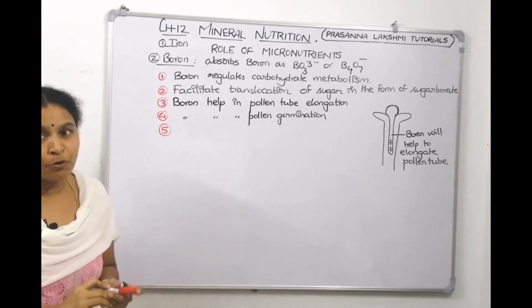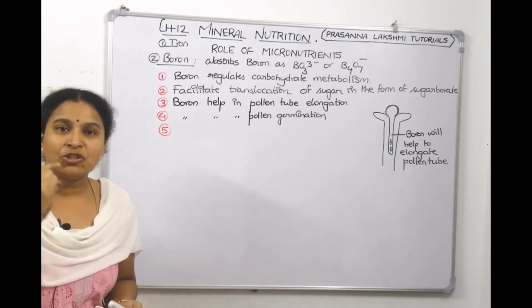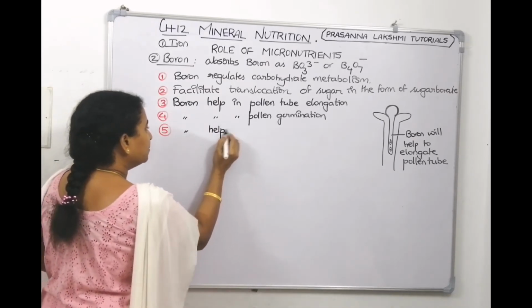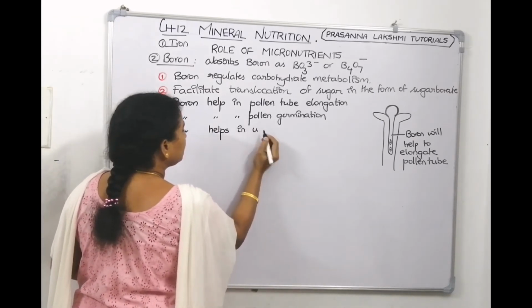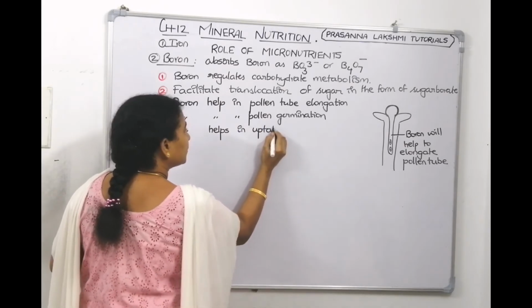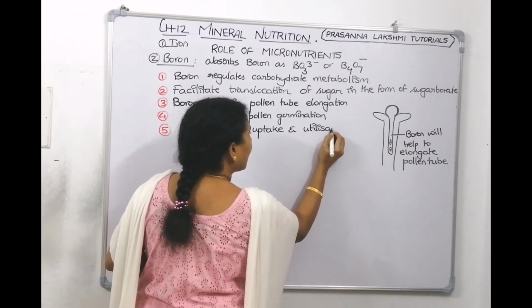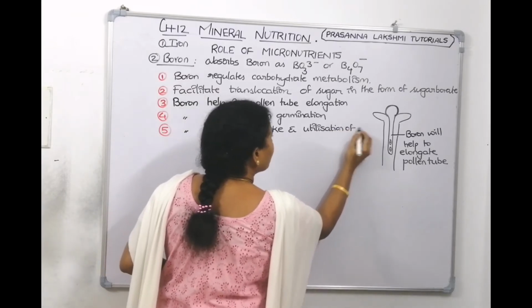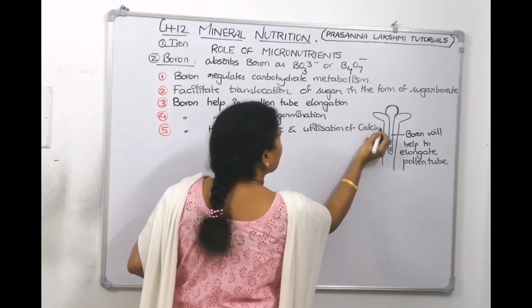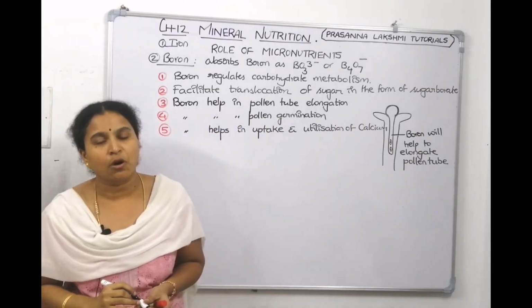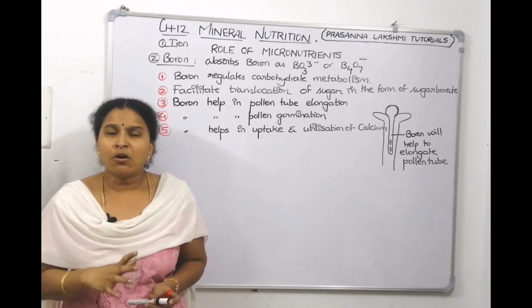In presence of boron only, the cell can use calcium efficiently. So boron helps in uptake and utilization of which element? Calcium. Calcium can be absorbed more by the plant in the presence of boron.